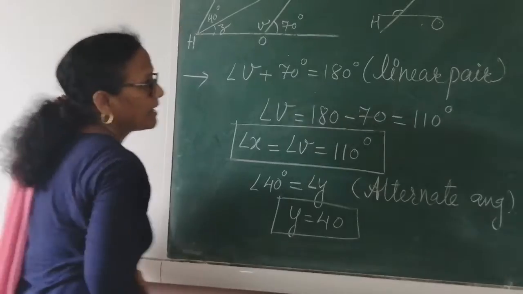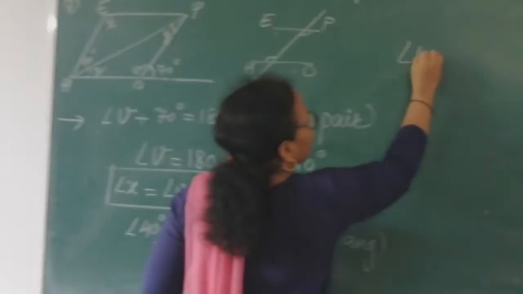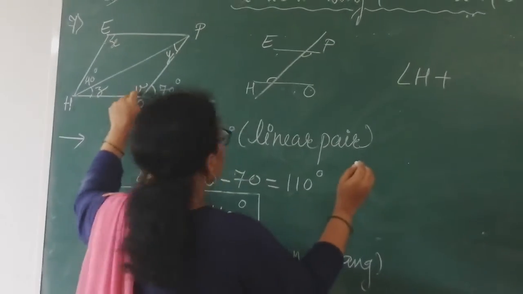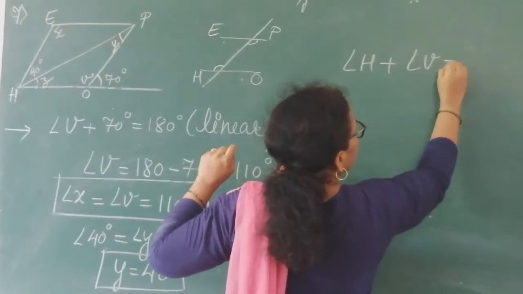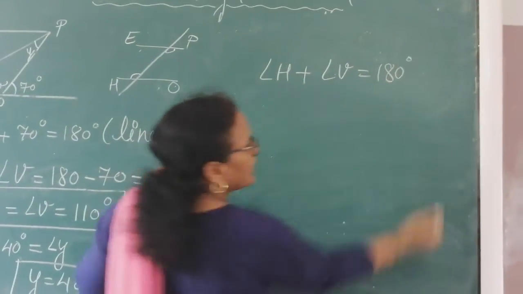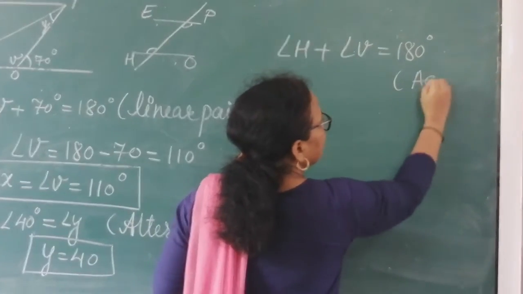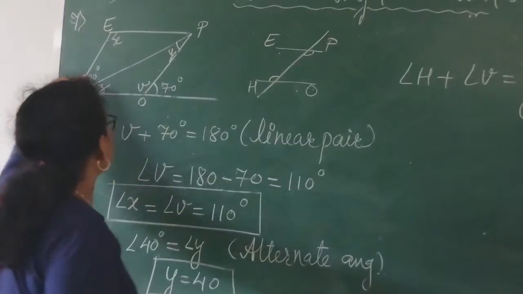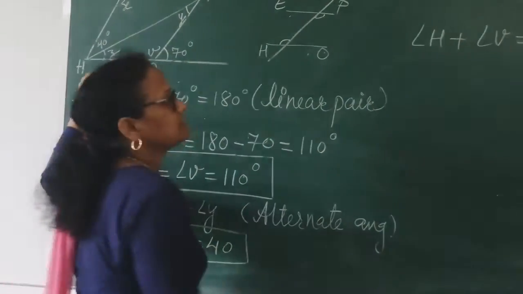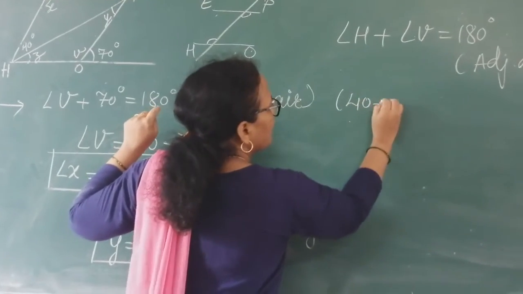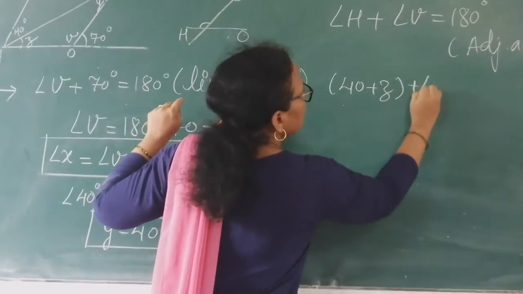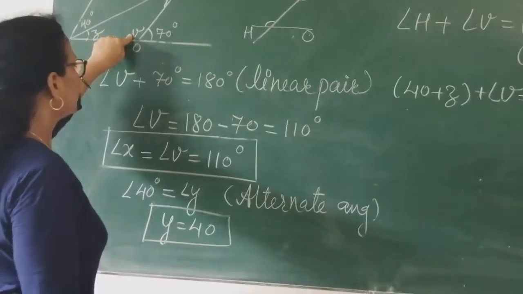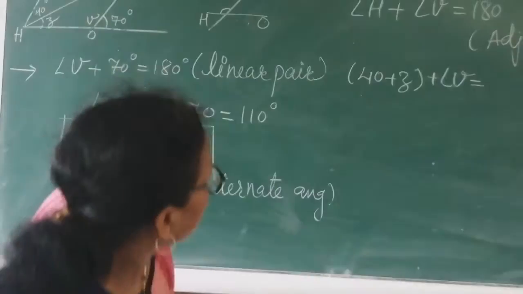So here angle H plus angle O, means angle B, is equal to 180, because they are adjacent angles. Okay. Now angle H is equal to 40 plus Z. So 40 plus Z is equal to angle B. Angle B we already got, that is angle B is equal to 110.